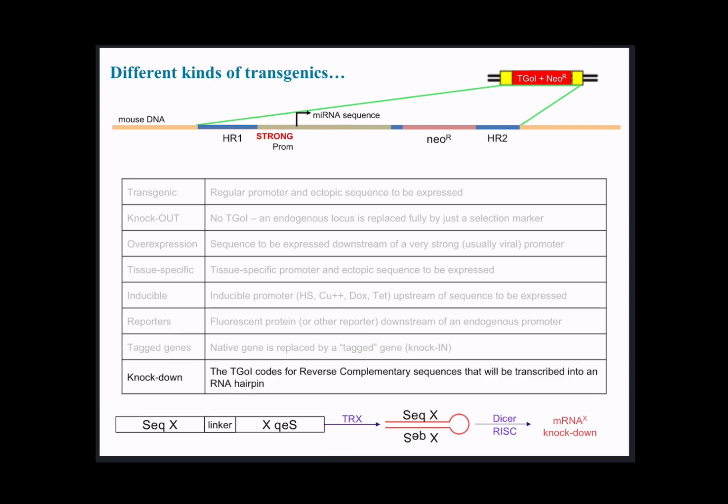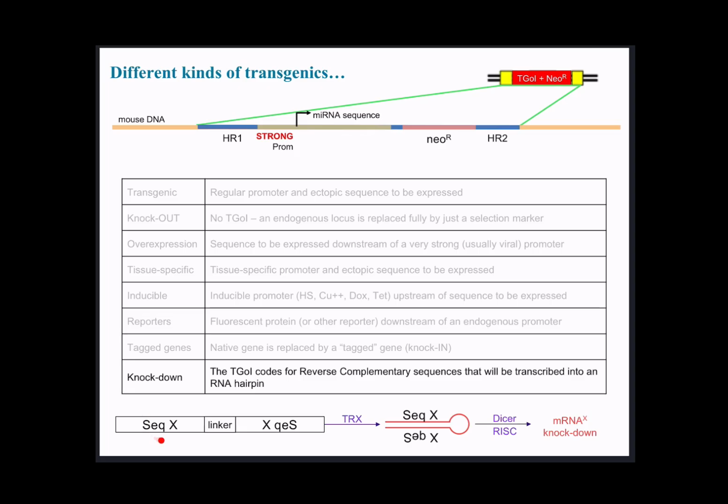And finally, we have knockdown transgenics. This is something that we do when knocking out a gene entirely is a little too much for the animal, and the animal can't take it. So instead, what we do is knock down, that is, inhibit the expression of a given gene. We do that by having a strong promoter that will ensure very high levels of transcription of a very special microRNA sequence that would have the general structure shown down here.